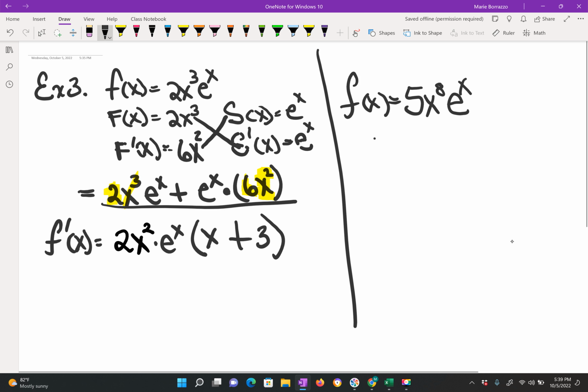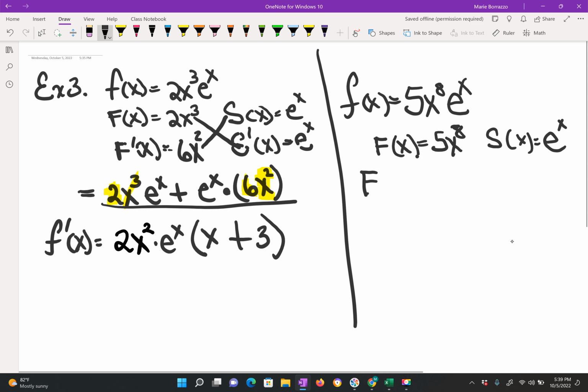So we write it out with the f of x and s of x: we get 5x to the 8th, and this is simply the e to the x part.